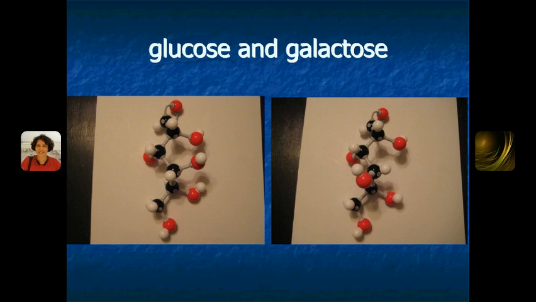One of the hydroxyl groups is oriented in the opposite direction in one with respect to the other. That gives them slightly different physical characteristics. One may be slightly sweeter than the other. They may have a slightly different melting point from each other.